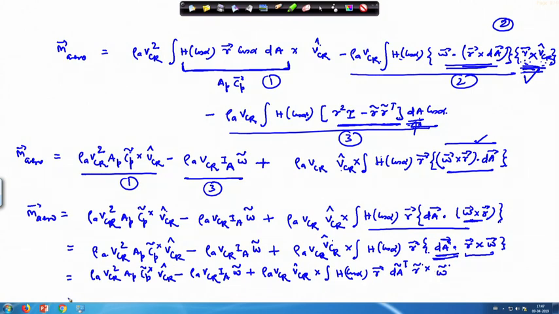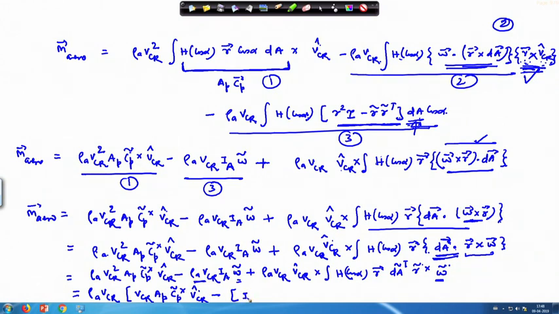So, we finally wind this up. If you see here, omega tilde is appearing here, so we take out the related terms and write it in a simplified format. V_CR A_p times C_p tilde cross V_CR cap minus, and from this place rho_A V_CR is taken outside.